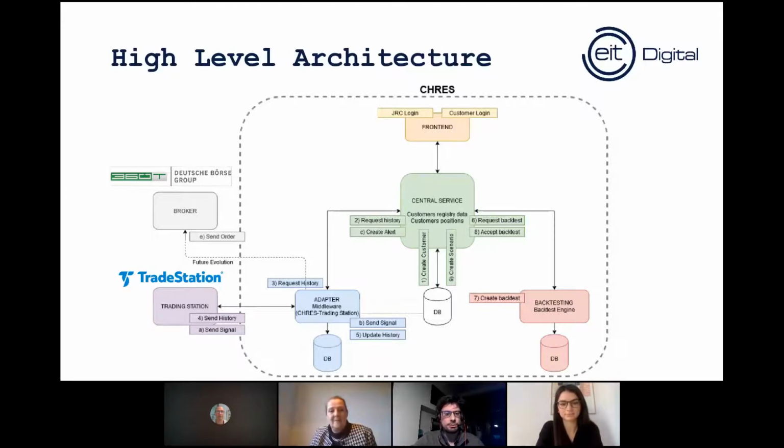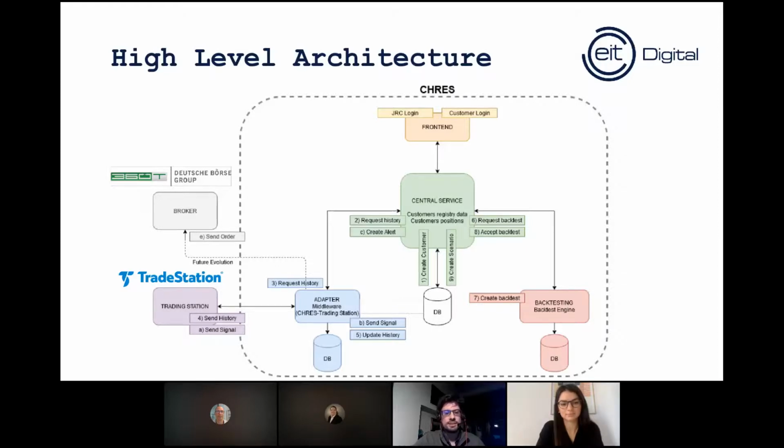The users then have to approve the proposed signal and then send orders to their preferred broker, which, as we said, is not done automatically at this stage. But in a second MVP evolution roadmap, automatic execution of orders on behalf of the customer will also be included.